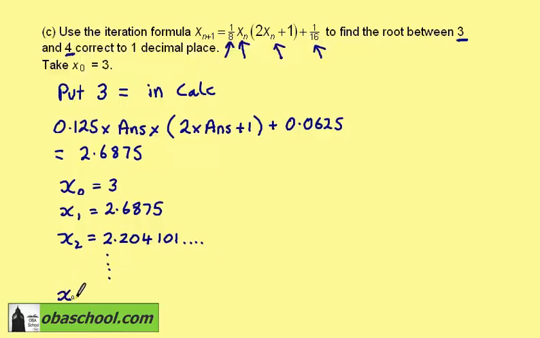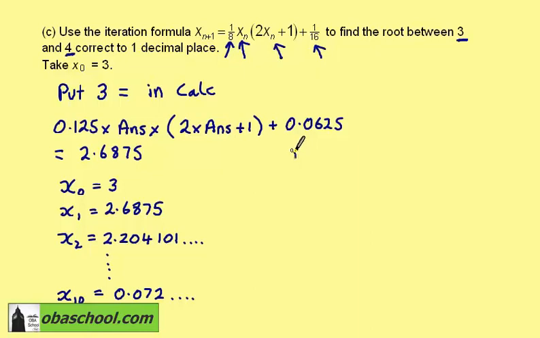If you continue, you'll find that x10 is 0.072 and so on. This value is nowhere near the interval 3 to 4, where we know we have a root.